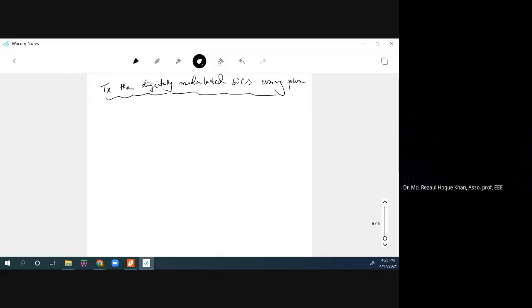This is the way we transmit a signal. How does this pulse look like? This pulse looks like this, right?